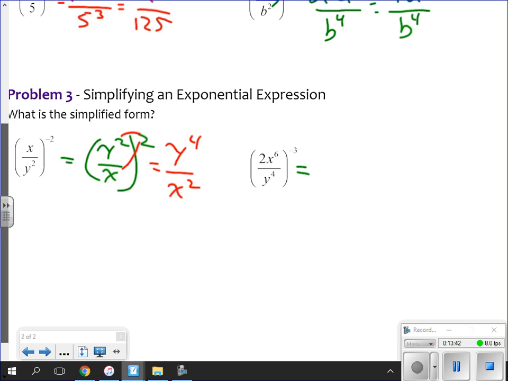So my first step in this one is going to be what? Flip it over and make it a positive exponent. Y to the 4th over 2x to the 6th, to the third power. Flip it over, make it positive.